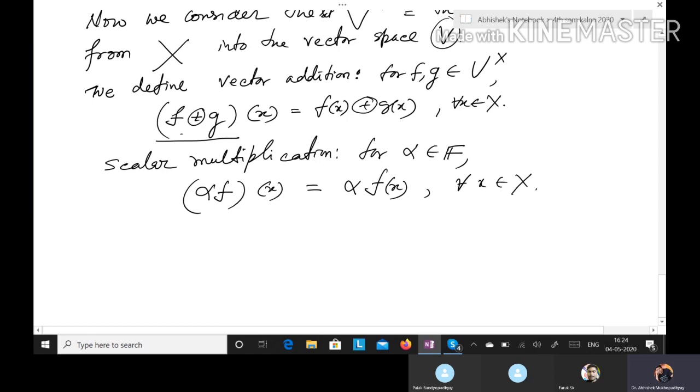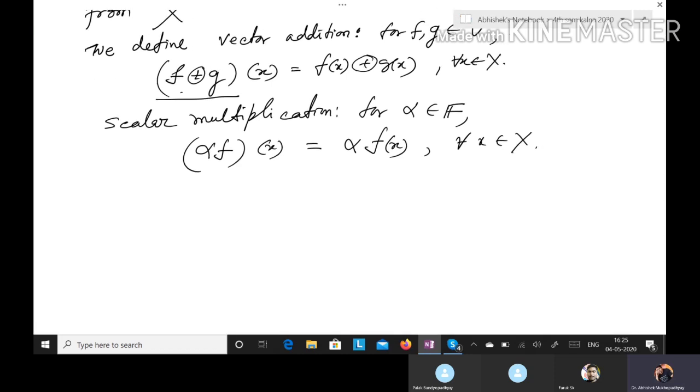And again, this is a routine check that the vector addition and scalar multiplication defined on V power X will satisfy all the axioms to make it a vector space. So this is your exercise. These are very simple and easy.